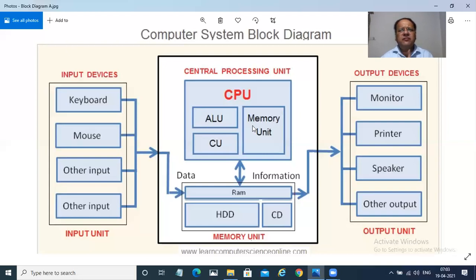And Microsoft Windows, which I'm talking about, is the operating system. So coming back over here, I said the RAM and the ROM are integral parts of the computer system as they play a very important part in the working or starting of the computer system.